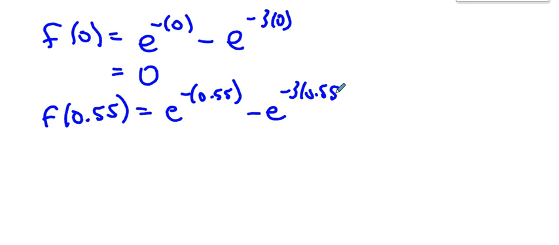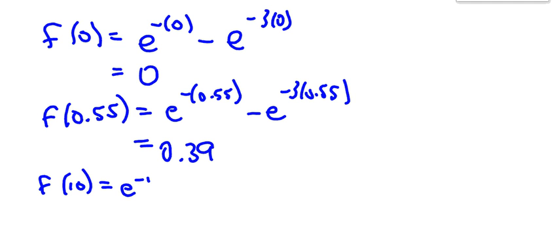Doing this math in your calculator, you should get about 0.39 roughly. And then when I test the other interval endpoint, which is 10, and punch that into my calculator, I get an incredibly small number, 0.0000, I think that's the right number, 05.